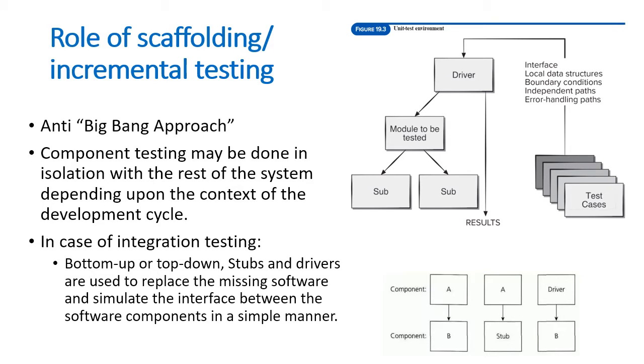Integration testing is a systematic technique for constructing the software architecture, while at the same time we conduct tests to uncover errors associated with the interfaces. There is often a tendency to attempt non-incremental integration. That is the Big Bang approach. In this approach, all the components are combined in advance and the entire program is tested as a whole.